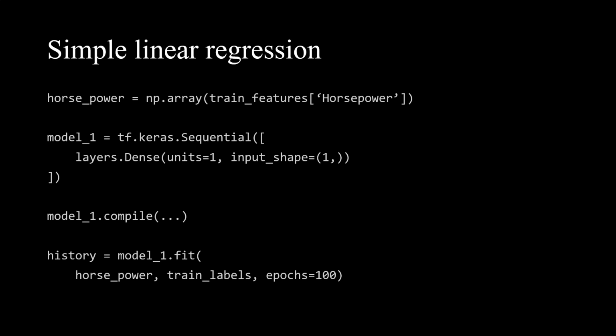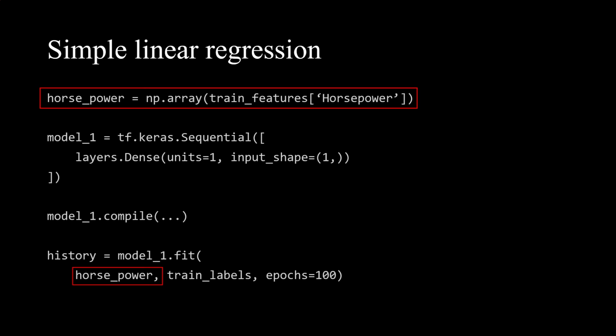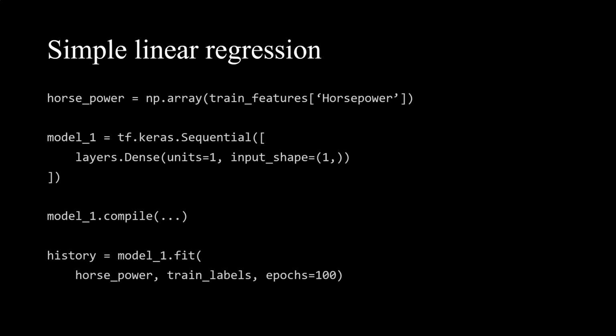How do you know that this model has just one x variable? You may say that that's because the horsepower variable is defined as just one column from the dataset, and that variable is used in the fit section as an x variable. That's a good answer. But the more obvious way to see that this model has only one x variable is to notice that the input shape of the first layer is 1.